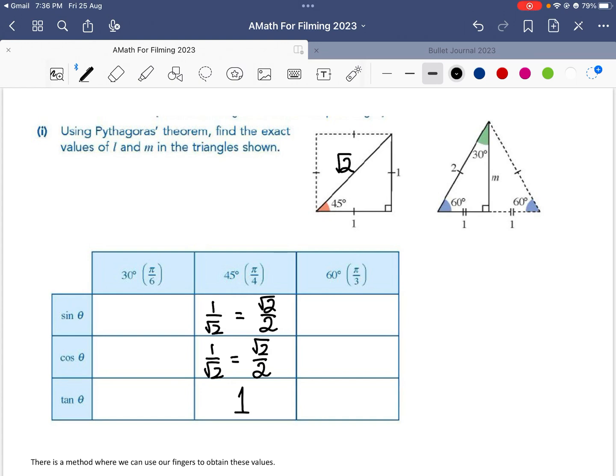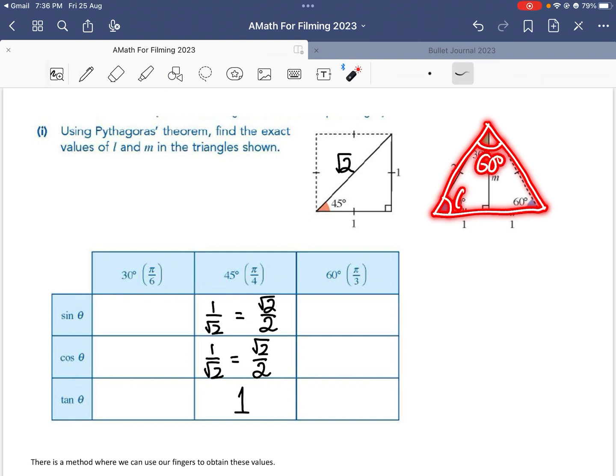Now, the next thing that I need to find is for an equilateral triangle like this. If I have an equilateral triangle here, 60, 60, and 60 degrees, then I divide the triangle exactly into two like this.